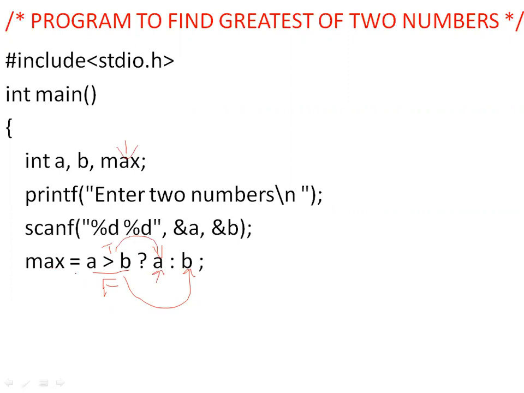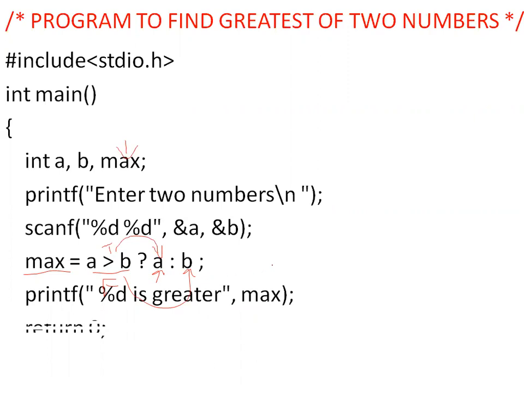That means B becomes the max value. So the variable max now contains the maximum of these two. If you print max, that prints the maximum value, whichever is greater. With a single printf statement, we can solve this problem. Using the conditional operator in this way is also valid in C language. Then finally say return 0, close the main program.